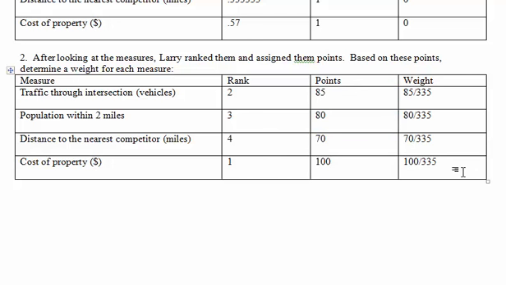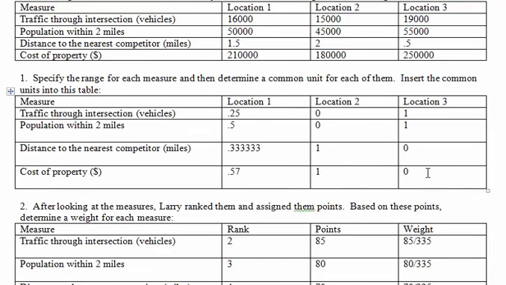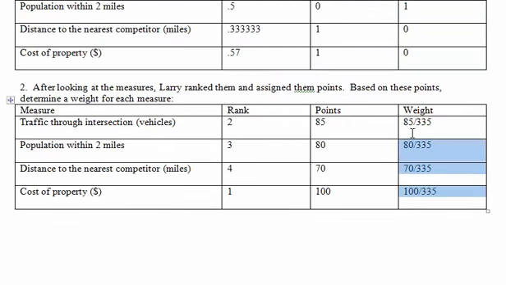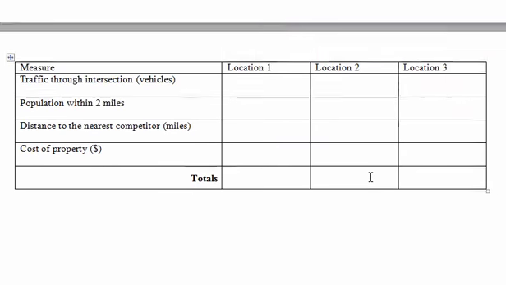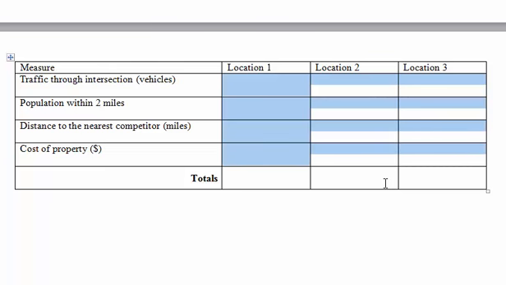So now, and this is really what's going to happen from now on for the next little part of the unit, you're going to have a common unit measure, the zeros, the ones, the something in between. You're going to have a weight, how much each of these categories is important to you. And then you're going to multiply those things together, and that will get you your actual total.